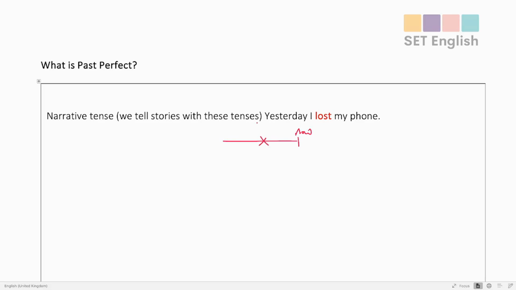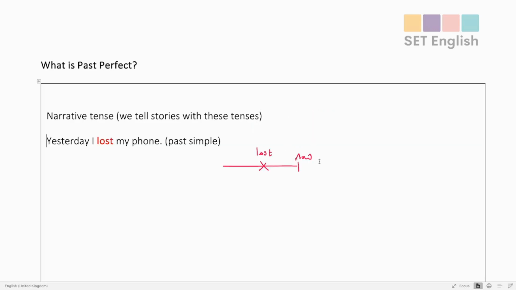Yesterday was there, and what did I do? I lost my phone. There we go. All right, I lost my phone. So that's the past simple. That's a very simple thing for us to understand. Past simple. Everybody knows that.